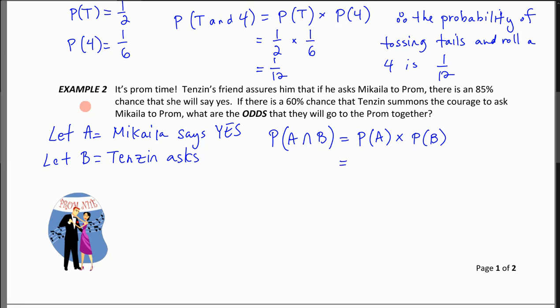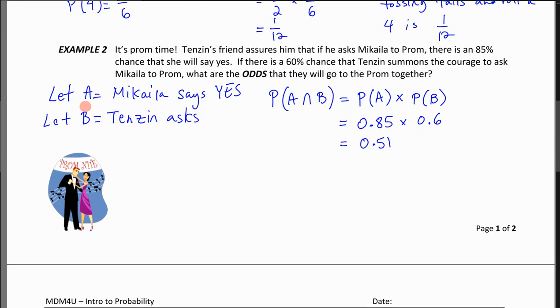And so the probability that she says yes would be 85%, so as a decimal 0.85, multiplied by the probability that he asks the question, which is 60%. So that's 0.6. And then multiply those two together, 0.51. So there is a 51% chance that they'll go to the prom together.